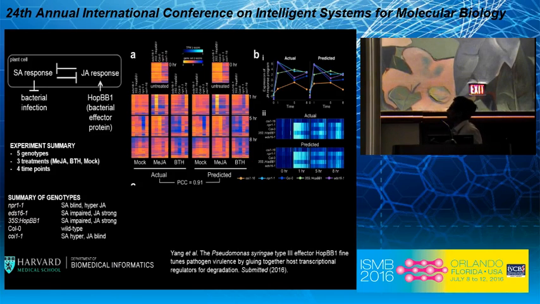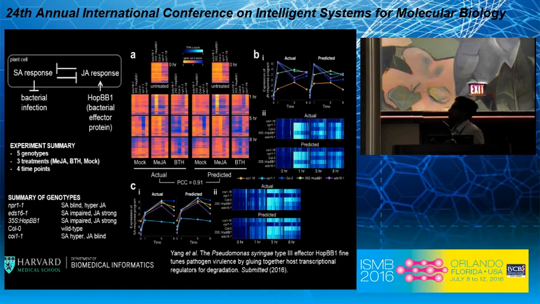If we actually go in and look at the genes that make up this transcriptional program, we see that the transcriptional program expression values are very reflective of the underlying gene expression signatures. So just looking at HOPBB1, for example, here we see just a few of the JA genes go on, but then at time point 5, they're much higher, and then at time point 8, they're slightly more attenuated.